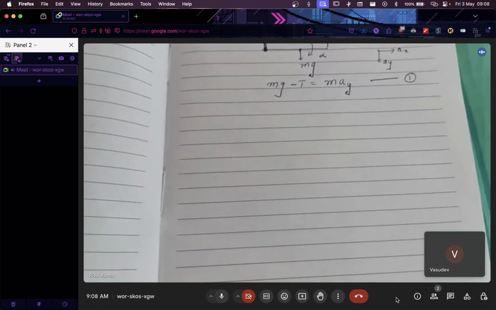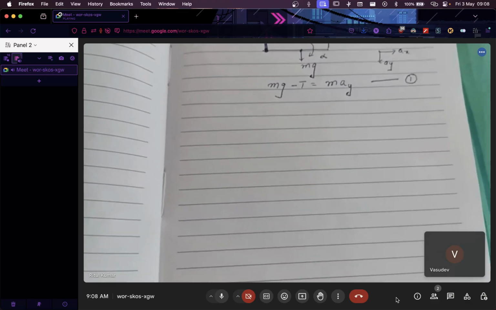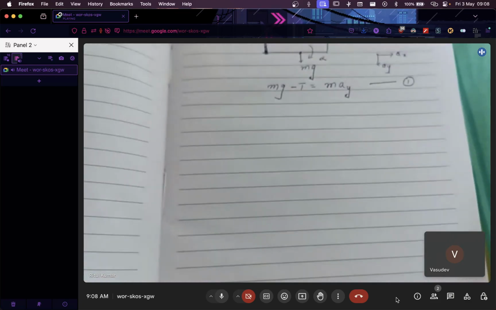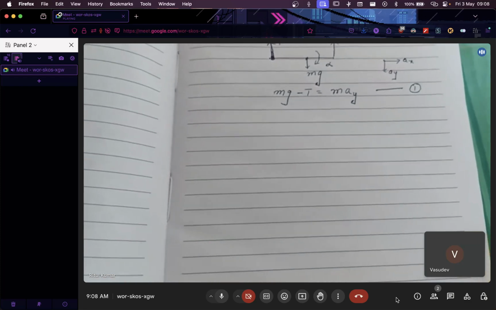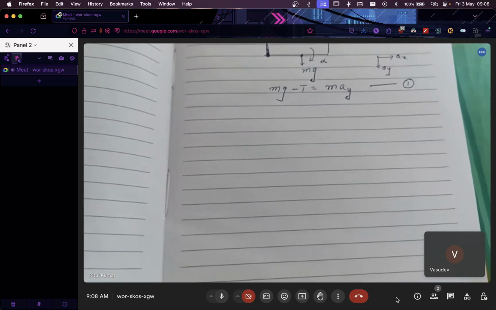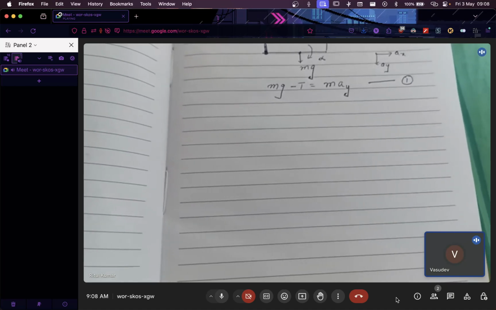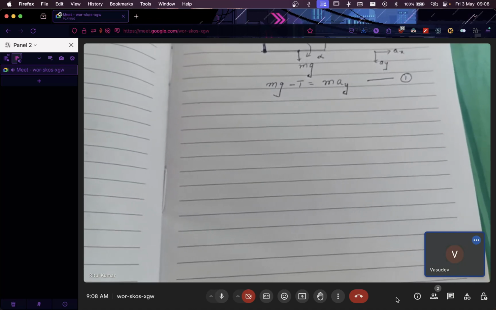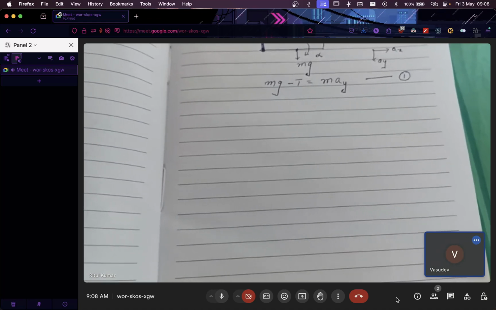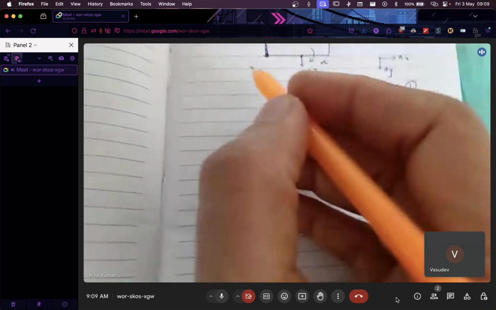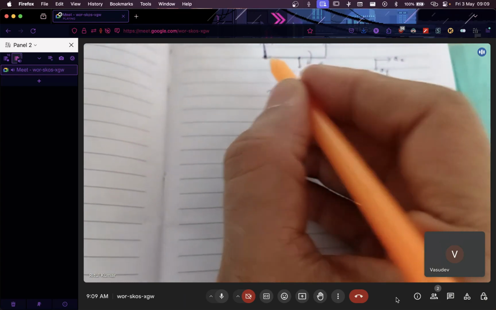I'll have to take into account pseudo force. So, are you of the opinion this point will not have any acceleration at the time of snap? Yes, because it is constrained to move in the vertical direction by the string and can't exactly move left or right because there's no horizontal force. So that would imply it's stationary, right? This point doesn't move, right?